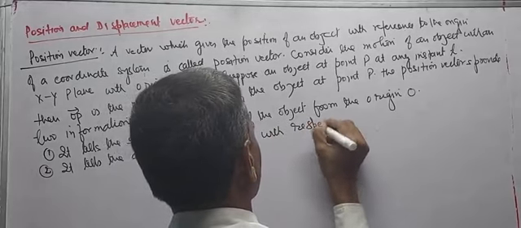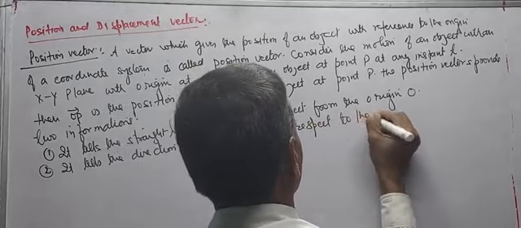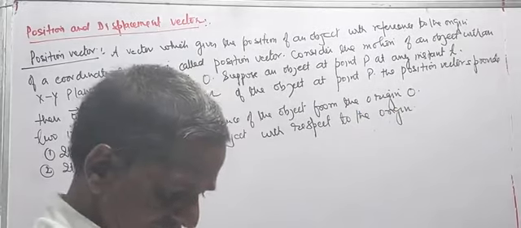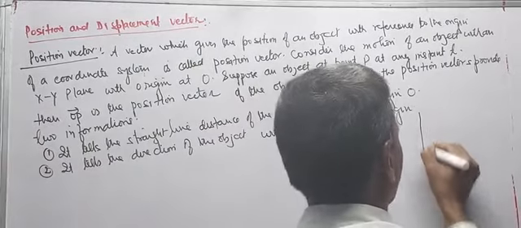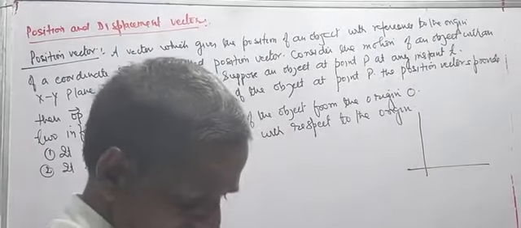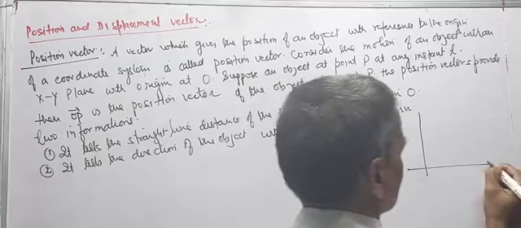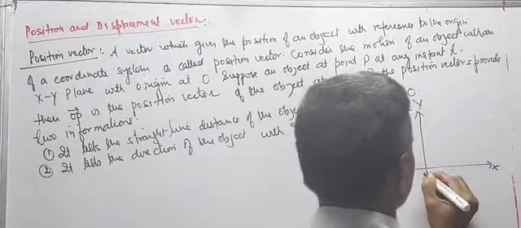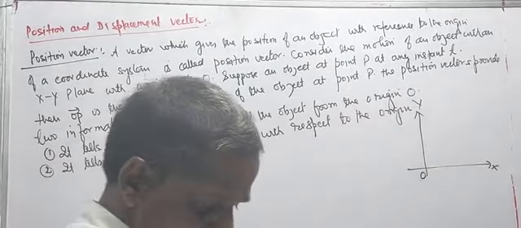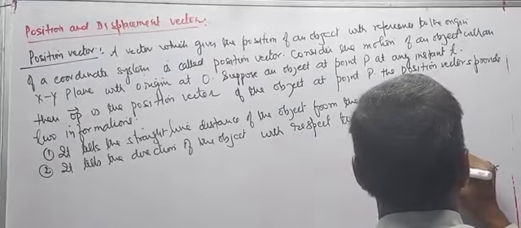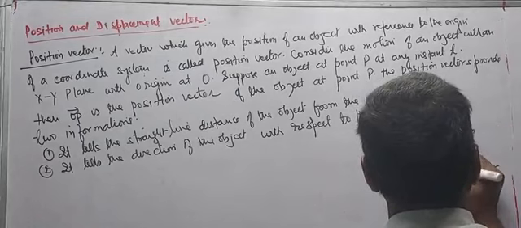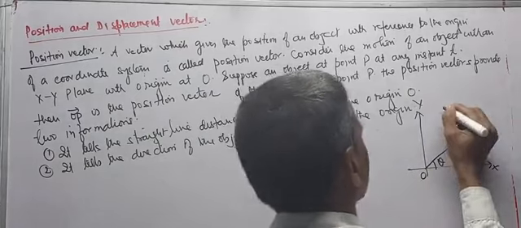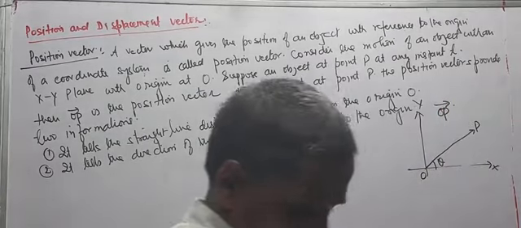Representation of a position vector: this is the x-axis, this is the y-axis, and this is the origin point. The position vector OP from the origin makes an angle theta.